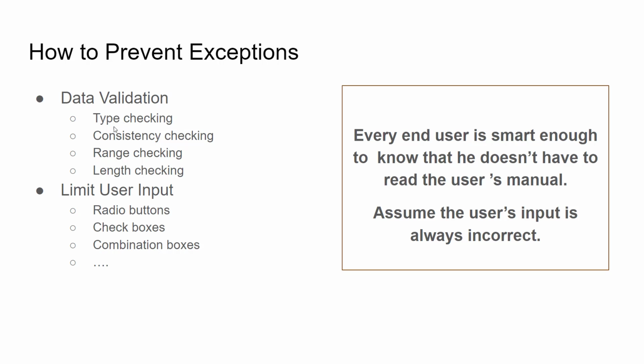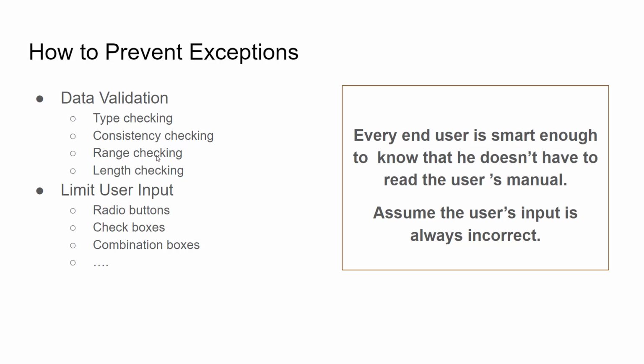That's called type checking, and you could also check consistency. For example, you could ask the user to input both his age and his birth year, and if these two elements contradict each other, then there's something wrong.